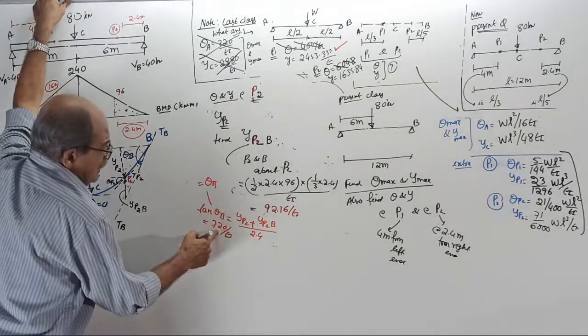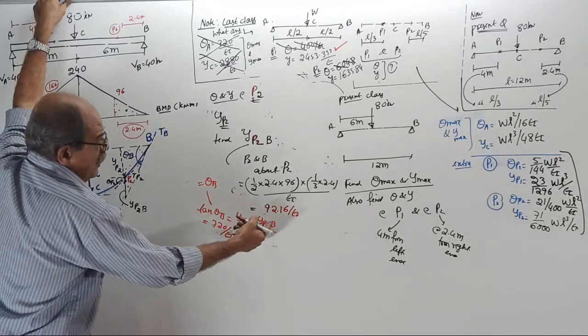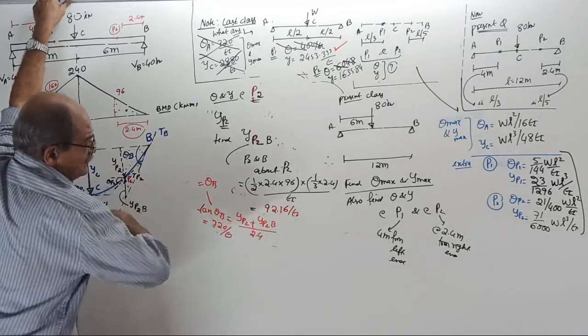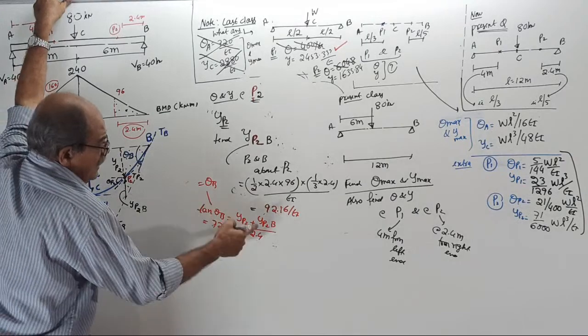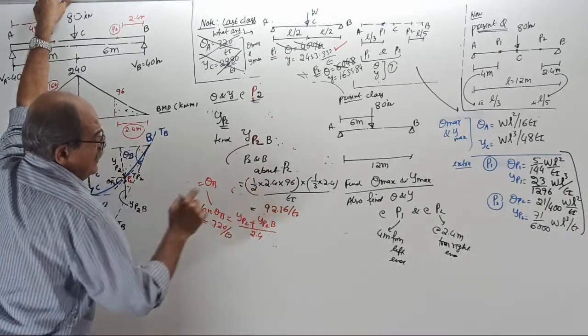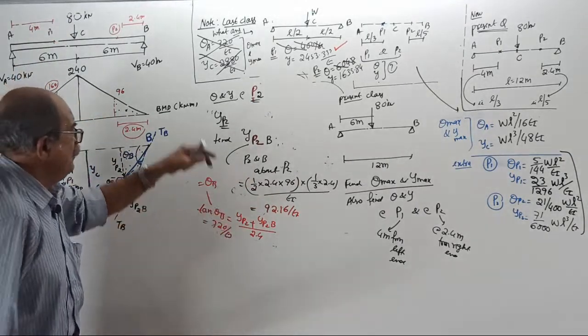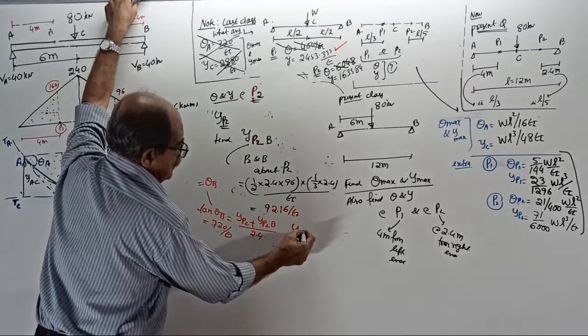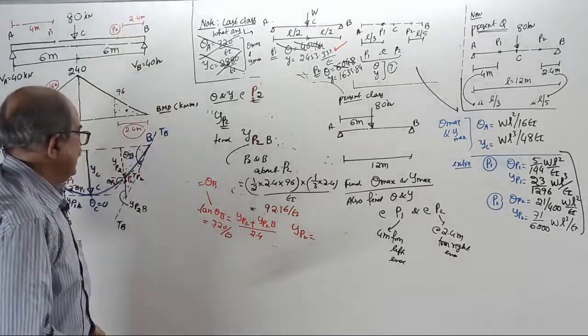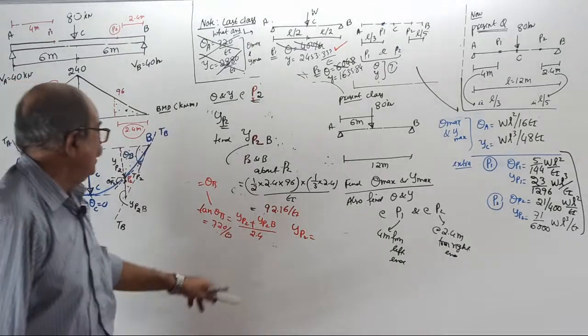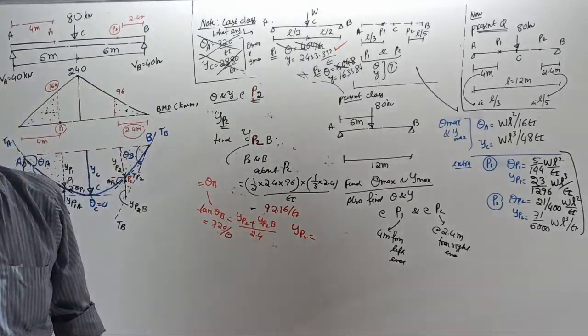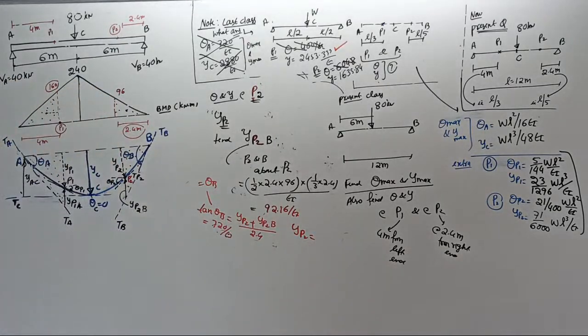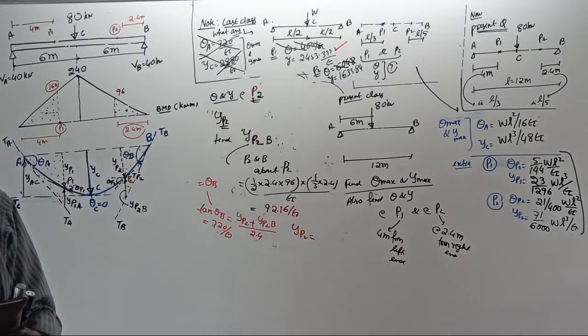So 720 by EI into 2.4, take the other side: 720 by EI into 2.4 minus 92.16 will give you Y of P2, the deflection there. How much? 1635.84.